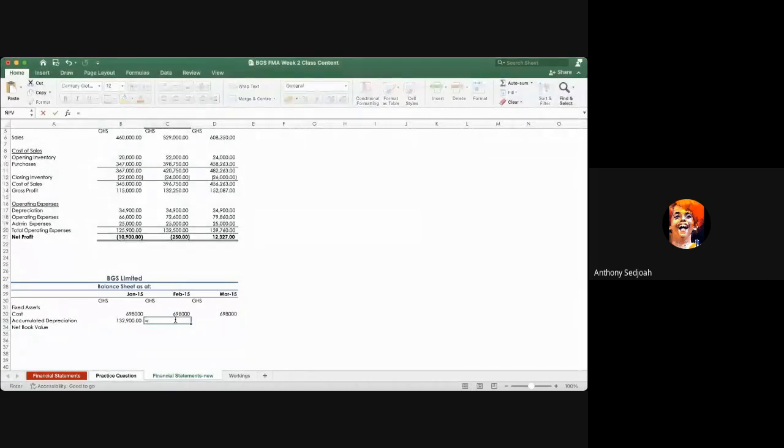Accumulated for February will be accumulated as of January ending plus depreciation for February, which is 34,900. And once again, accumulated for March will be this plus the depreciation itself for March. So I'm coming now. I explain depreciation and then accumulated depreciation. The net book value should be this minus this.